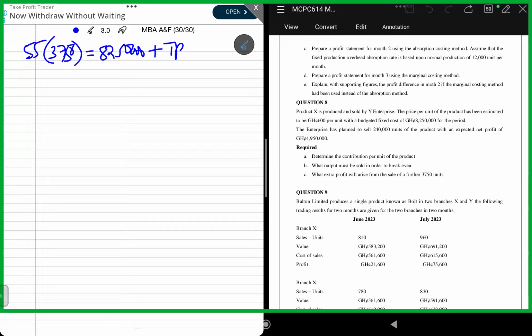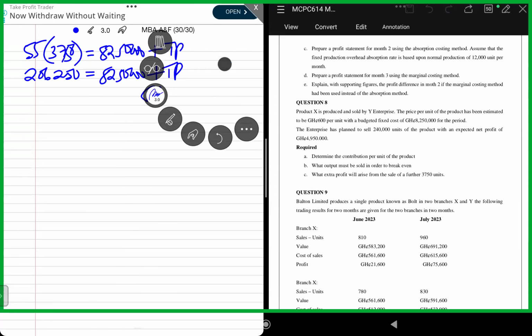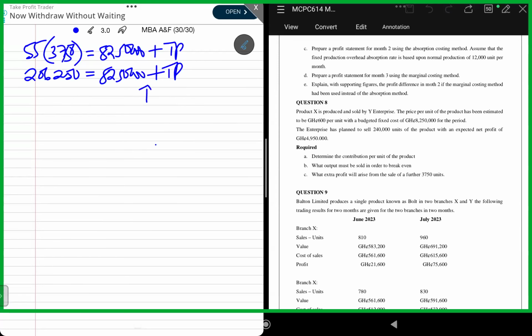It will give us 206,250. So we make target profit the subject: 206,250 minus 8,250,000. What's the difference? It will be 8 million.